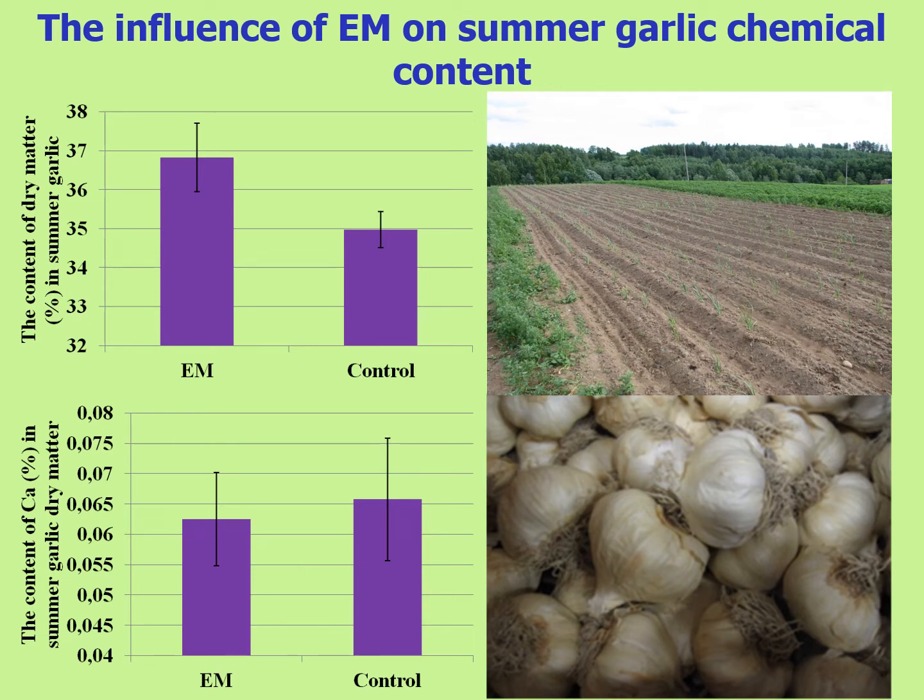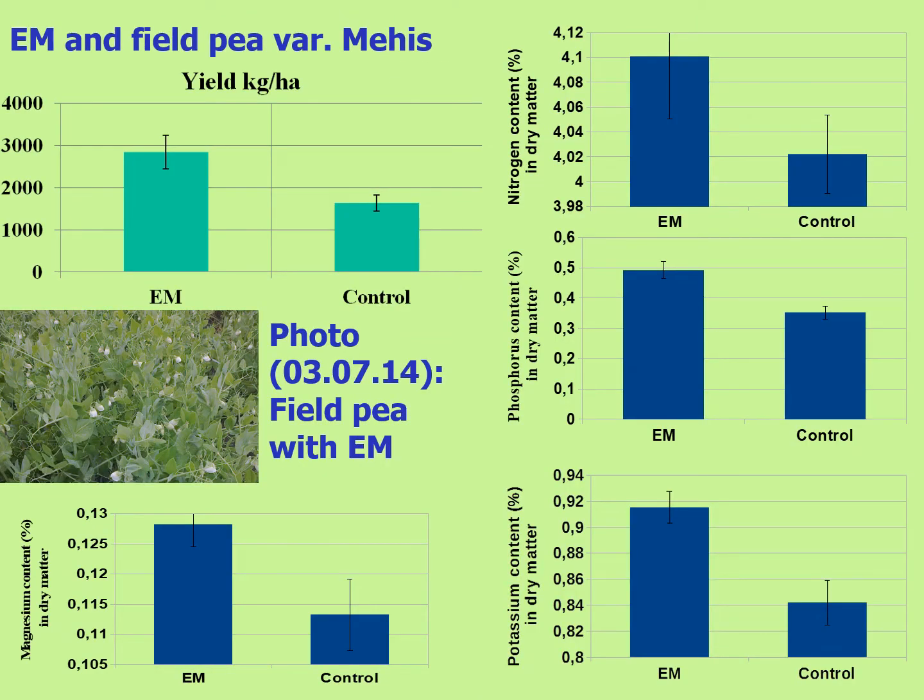Dry matter was higher in EM treatment compared to control treatment, and the content of calcium in summer garlic dry matter was not statistically different. EM and field pea variety Maize. The yield was higher in EM treatment. Magnesium, nitrogen, phosphorus and potassium contents were higher in EM treatment.